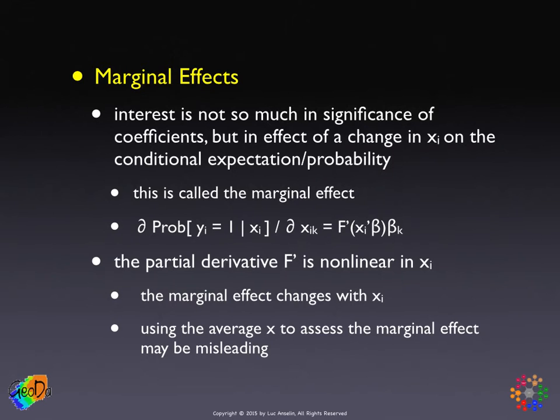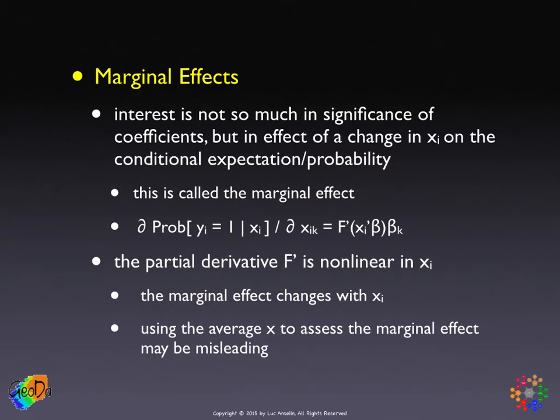So the marginal effect changes with x i, which changes with the value of the explanatory variable, in contrast to the linear regression. And so it's a different value for each value of the explanatory variable.